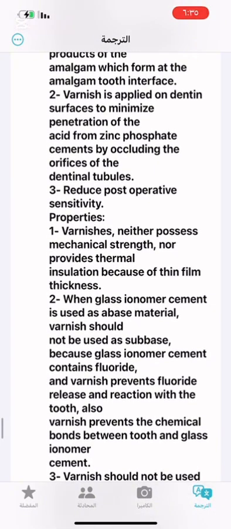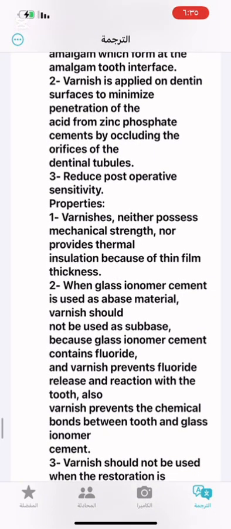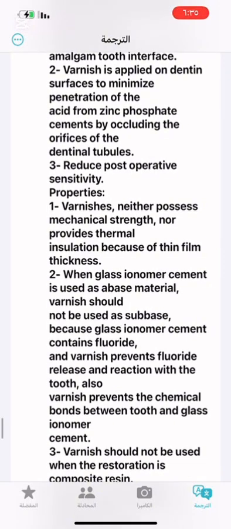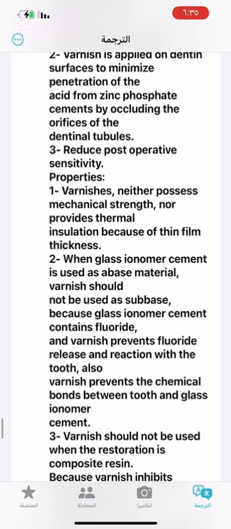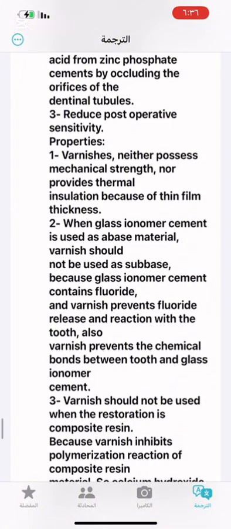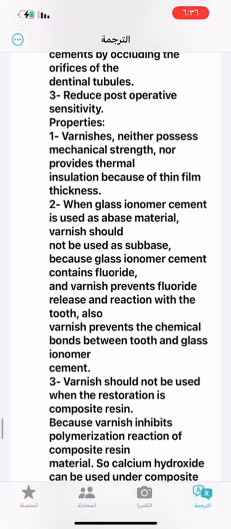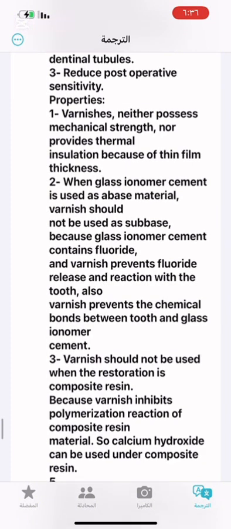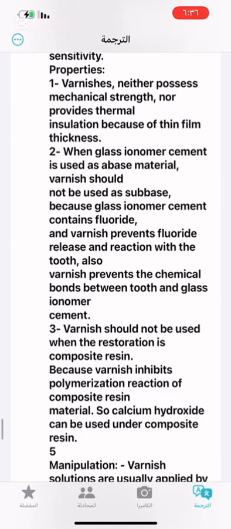3. Reduce post-operative sensitivity. Properties: 1. Varnishes neither possess mechanical strength nor provide thermal insulation because of thin film thickness. 2.